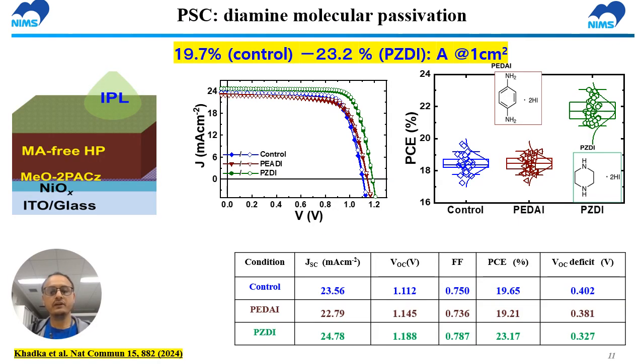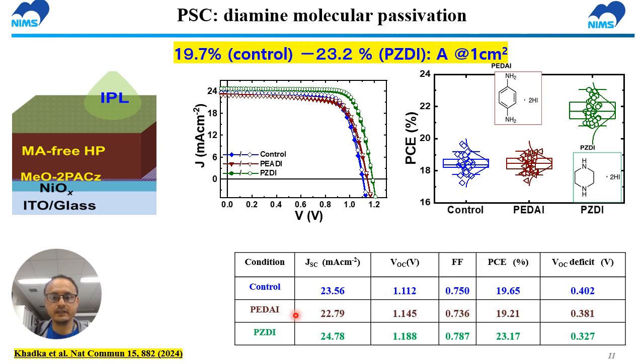Then we compare the device performance. This is the device structure, this is the JV characteristic, and these are the device efficiency statistics. We found this device improvement is basically guided by the improvement in JSC, VOC, and fill factor as well.